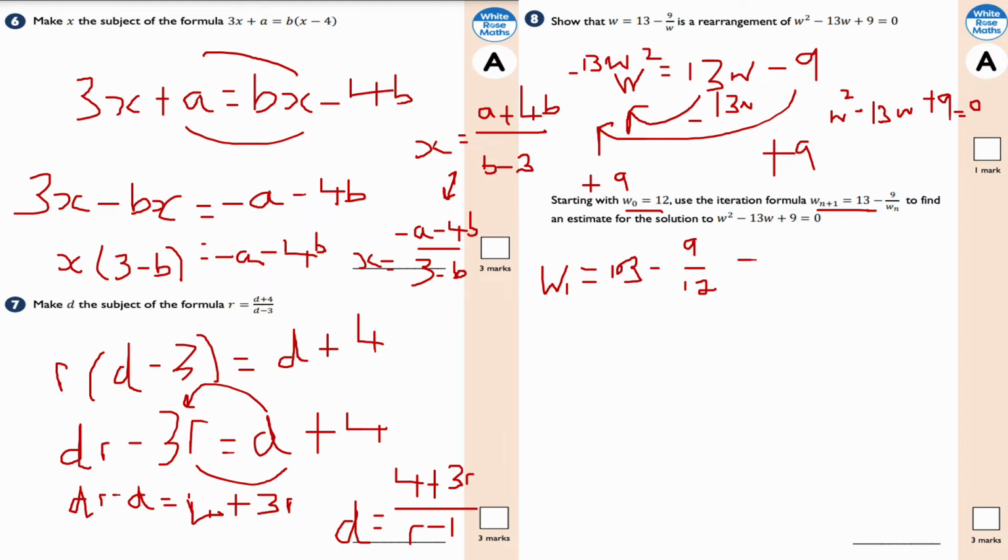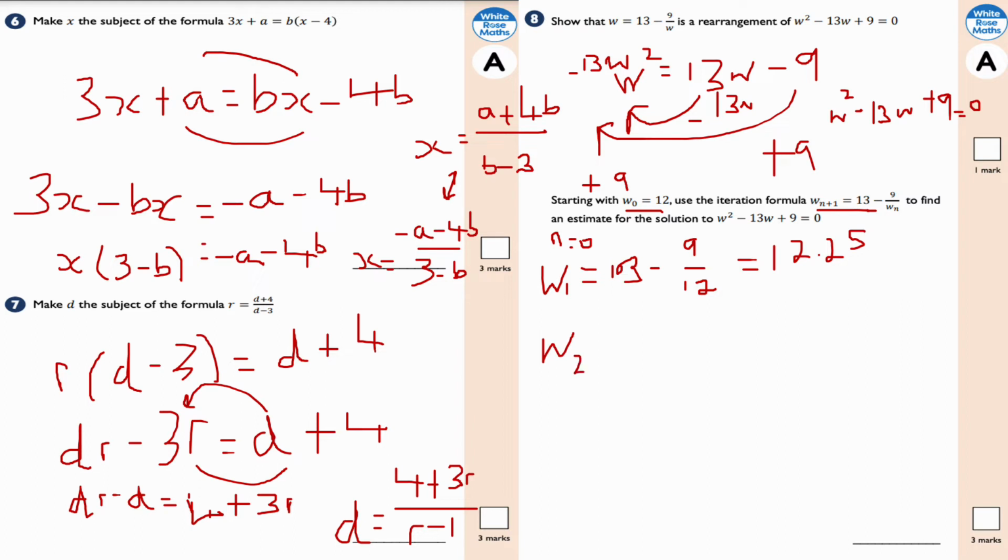So it's 12.25 for W1. That's when n is equal to 0, I get W1 equals 13 minus 9 over W0, W0 we are told is 12, so it's minus 9 over 12.